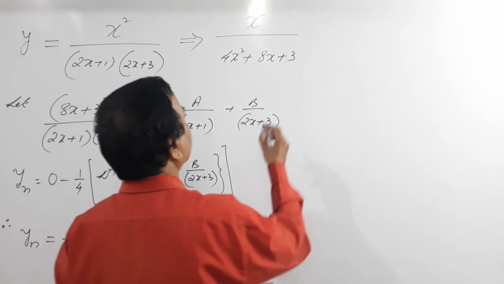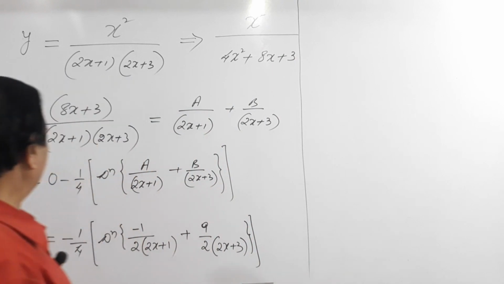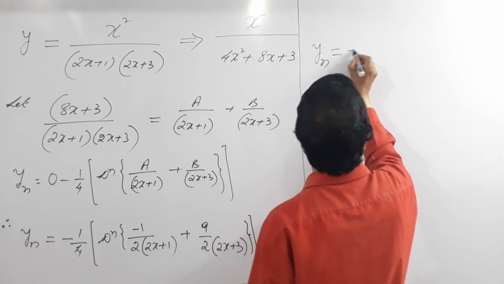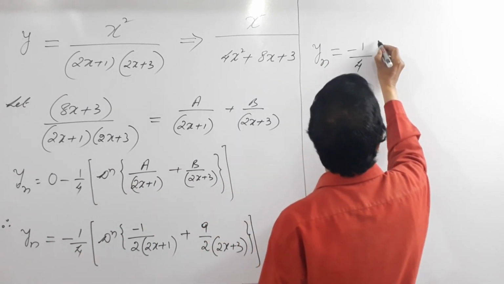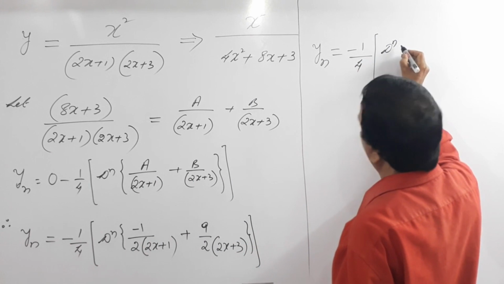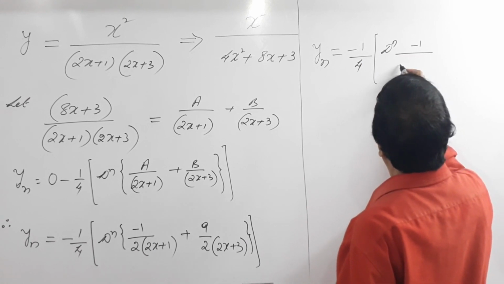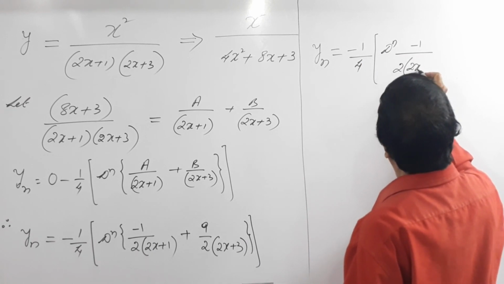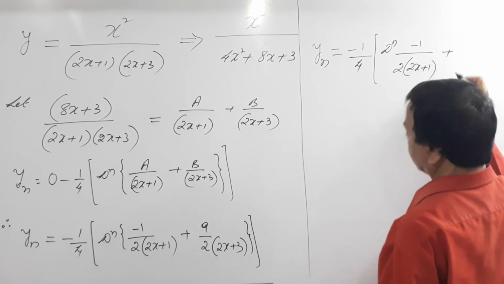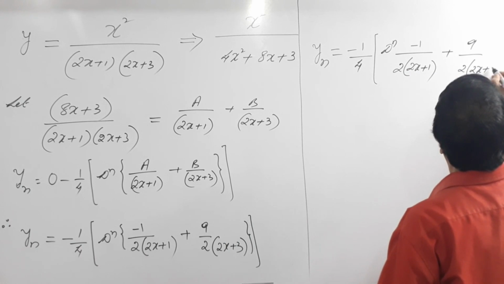So what I will do, I will rearrange this properly, that is yn equals minus 1 by 4, this will be dn of minus 1 by 2 into (2x plus 1) plus 9 by 2 into (2x plus 3).